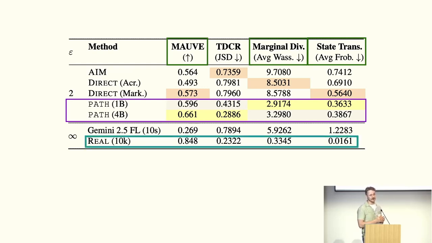I want to note that we're still very far away from the real data, if we had access to that, but I view this as a step in the right direction, and this is with very small models, or small models these days, like Gemma 1b and Gemma 4b, for example, but you could imagine scaling this up and getting closer to performance that you might find actually useful in medical contexts.